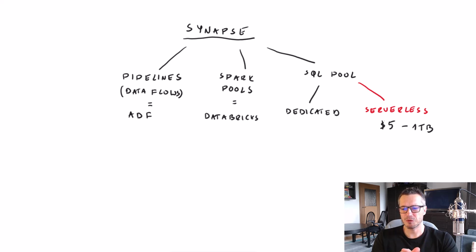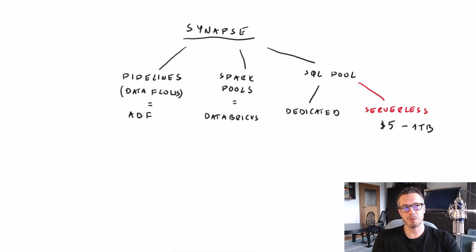Now, but what does this processed data mean? So first of all, it is data that you read from your source, data that you write to your target location, and some intermediate results that are necessary during the processing. So actually, depending on the way you use serverless, it might be super cheap, or it might be not that cheap if you are querying a lot of data very often.